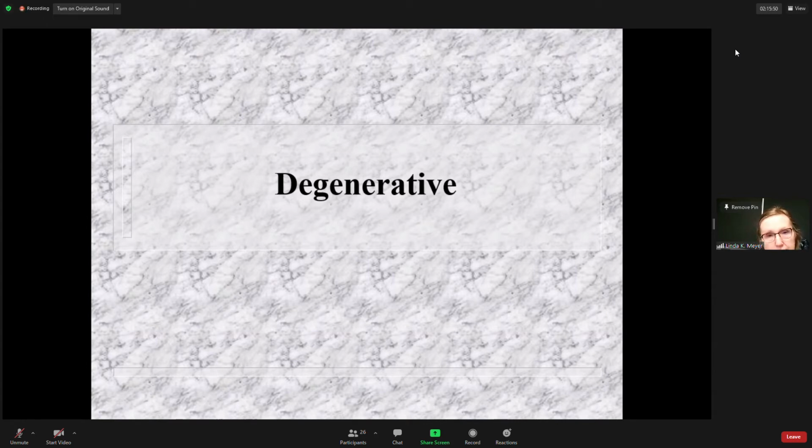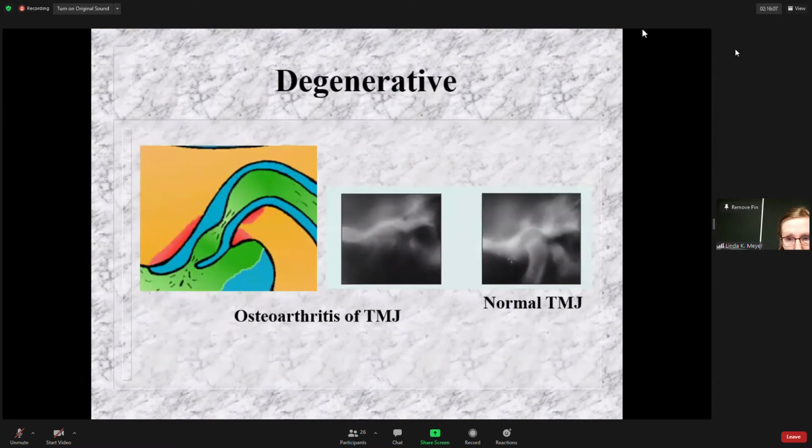Hardening of the arteries, or atherosclerosis, is classified as a degenerative disease as well. So I could name quite a few.